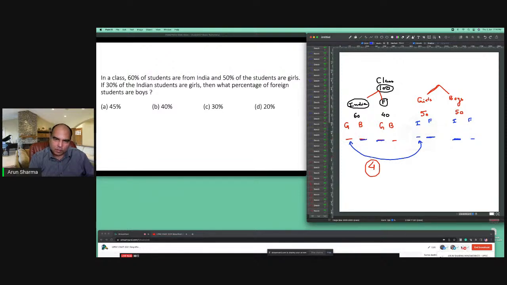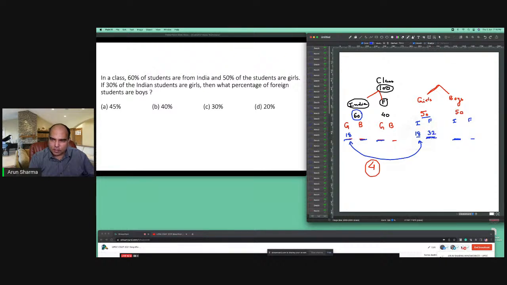So when I look at this situation, once I understand the structure, the next statement given to me is 30% of the Indian students are girls. So 30% of the Indian students, that means 60, so I get this number as 18. And if I get this number 18 here, I also get this number 18 here. And because this total is 50, foreign girls will be 32.